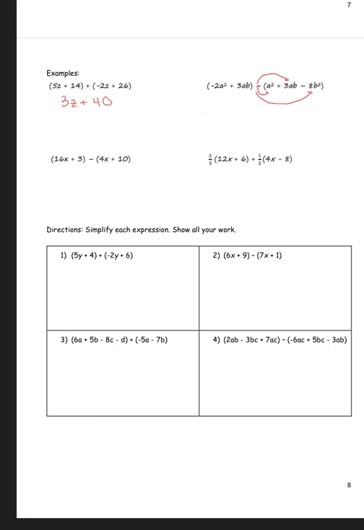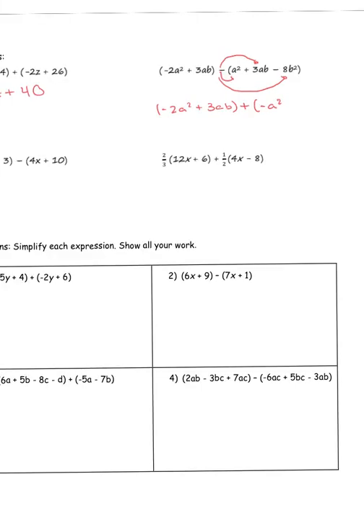So rewriting, my first expression is going to stay the same. My second expression is now, since I'm distributing that negative, I'm going to actually add. Okay, because again, I distribute the negative, so I have negative a squared minus 3ab plus 8b squared.